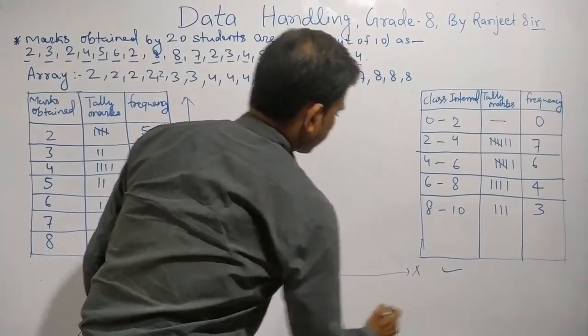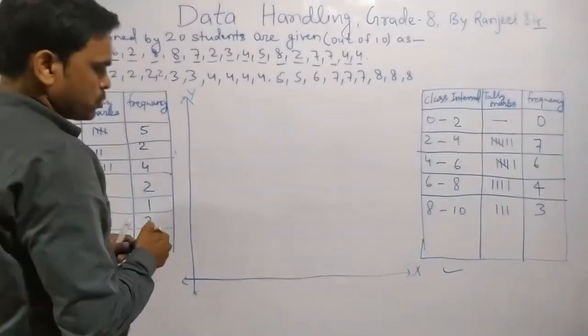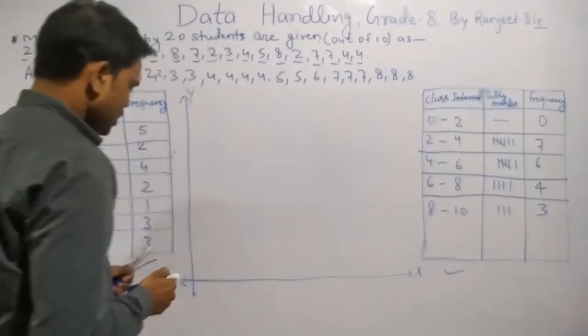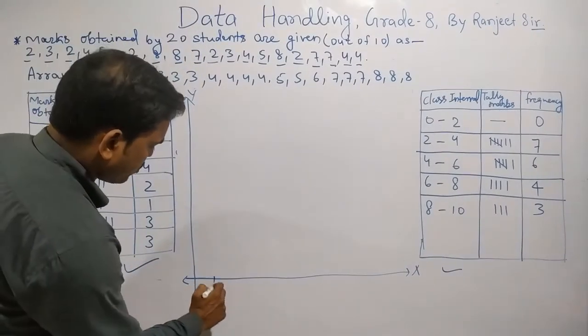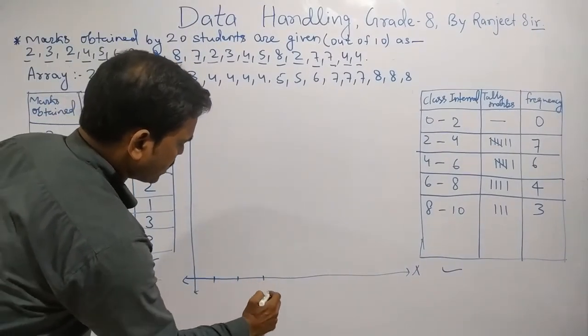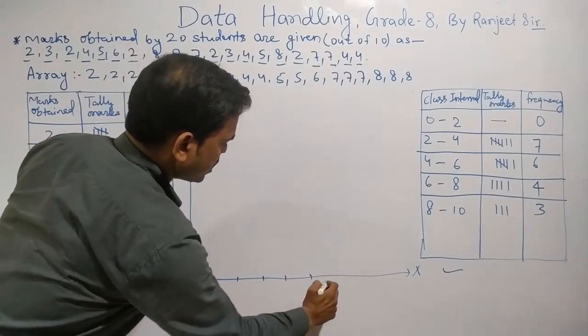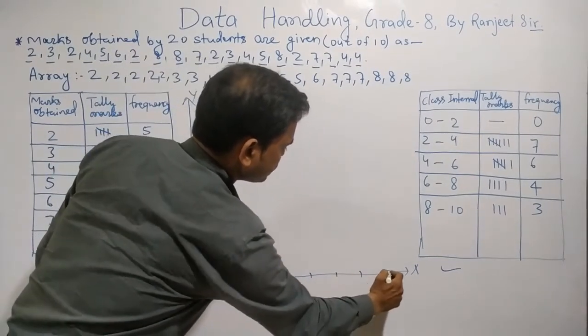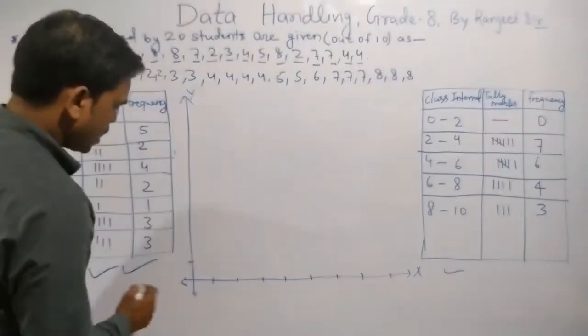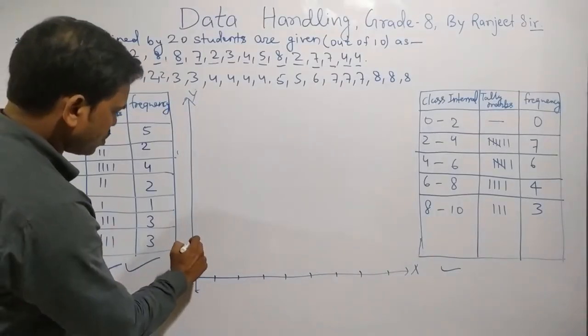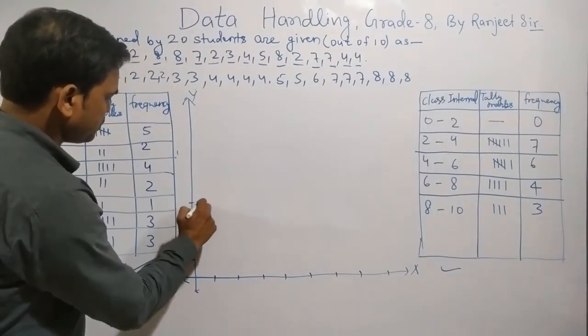X-axis and y-axis both are required, so we will do this. Once again we will divide it equally as we have done for creating the bar graph. Now on the y-axis also we will do the same.